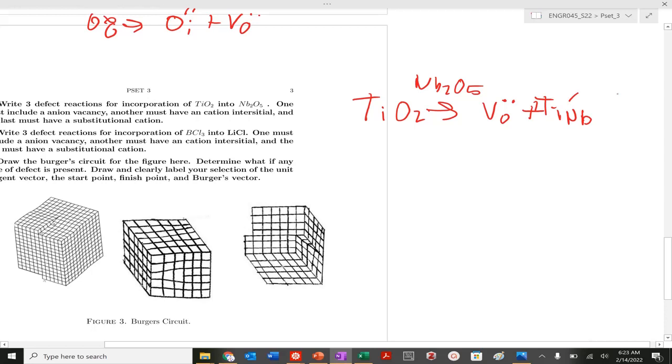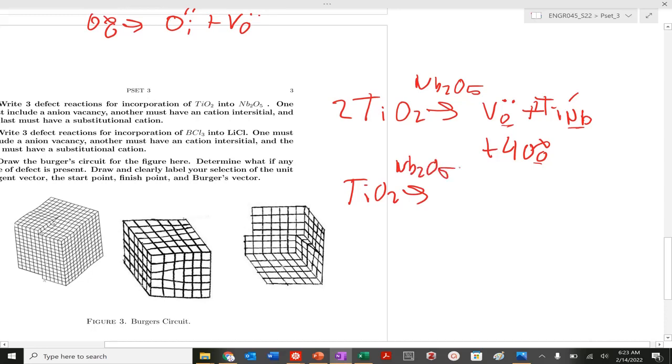Now I'm electroneutral. I've got 2 Ti, so 2 TiO2, 4 oxygens here, and 2 Nb with 5 oxygens. Good to go. Let's do the next one.